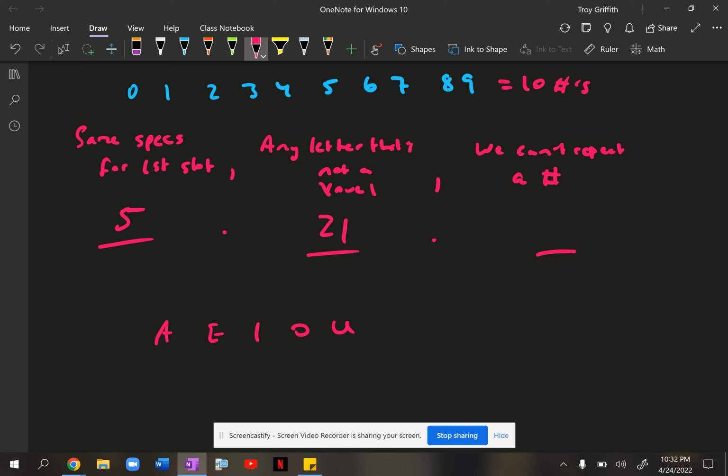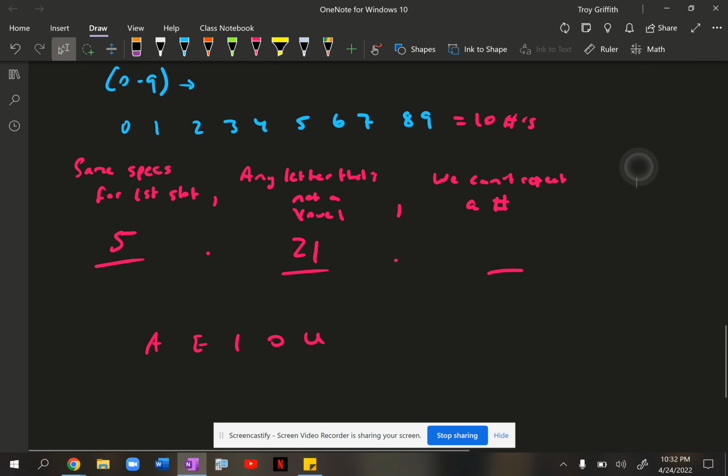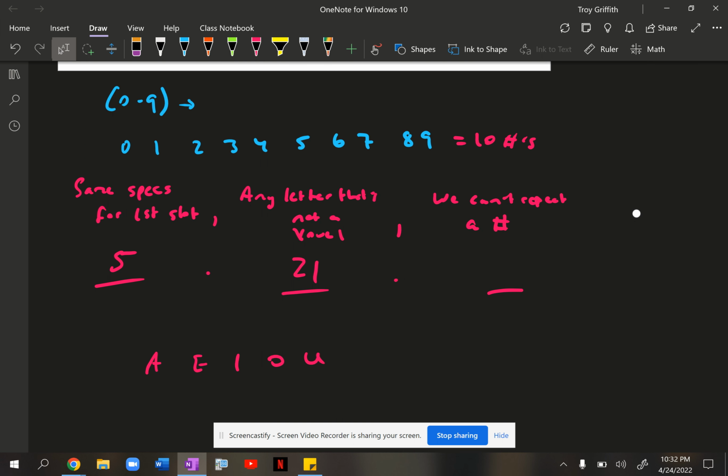And this one's always a little tricky for students. So if we can't repeat a number for the last slot, well, let's think. We said that for the first slot, it can't be odd, which meant that we couldn't pick 1, 3, 5, 7, or 9 for the first slot. But let's say instead we picked one of these even numbers, and let's say, for example, that the number 8 got picked.